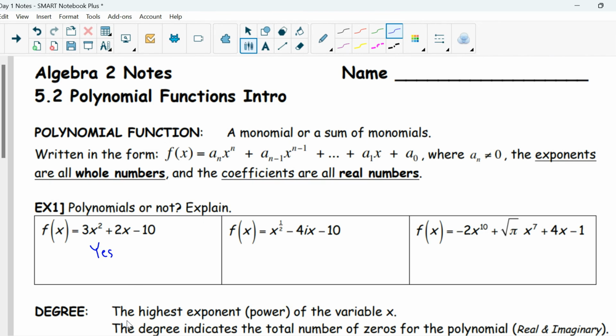Let's take a look at our second example. We have f of x equals x to the 1/2 power minus 4ix minus 10. In this one, we have a couple of issues right away. Our exponents have to be whole numbers, and in this one we do have an exponent of 1/2. So already out of the gate, no, this is not a polynomial function, because we have a fraction as an exponent.